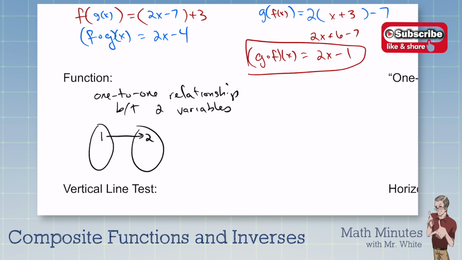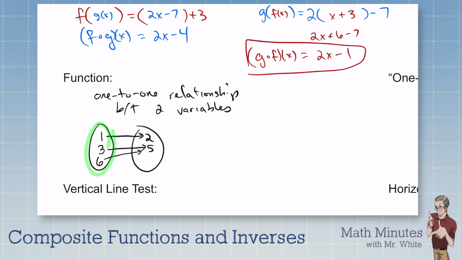And every time I put 1 in, 2 comes out. Then I put 3 in, and I get 5. So every time I put 3 in, I get 5. And then maybe I put 6 into the machine, and I get 5 out again, and that's okay. That's still one-to-one. The outputs are allowed to repeat, but the inputs cannot repeat and get different answers.